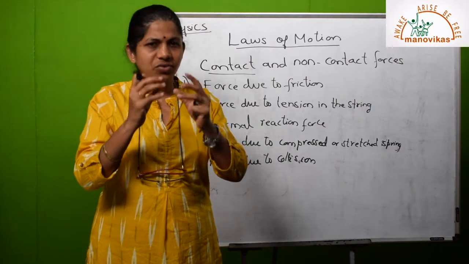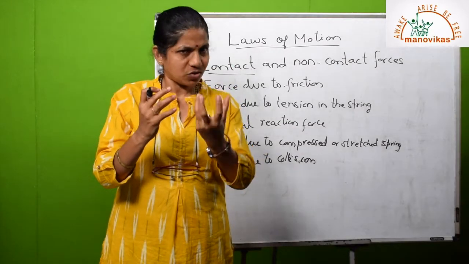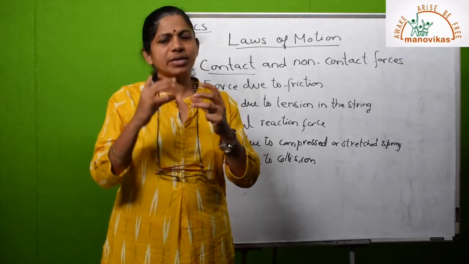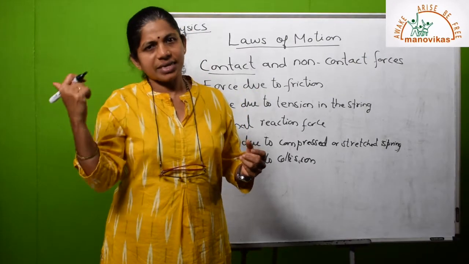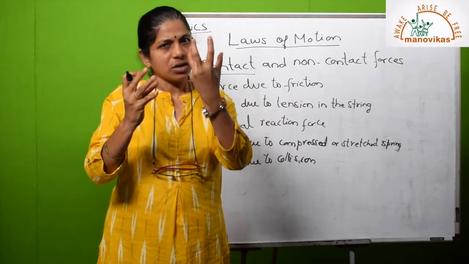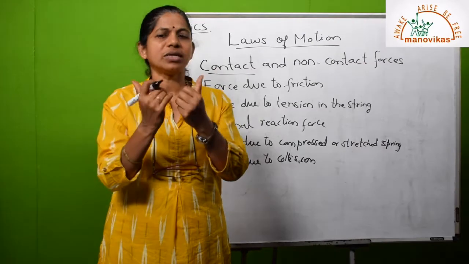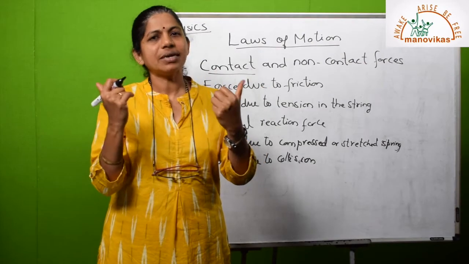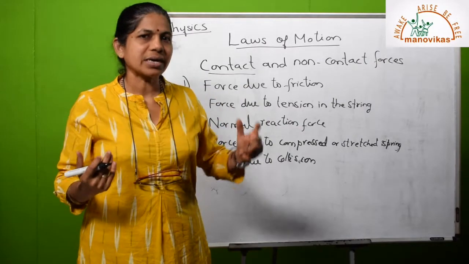Of course there will be transfer of momentum. Due to the impact, the object on this side will move in the opposite direction, and the object on this side will move in this direction. So again there is transfer. This object will transfer its force here and this one over here, and they will move in the opposite direction. So again this is another type of contact force.